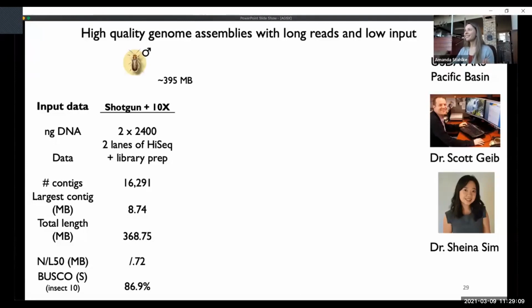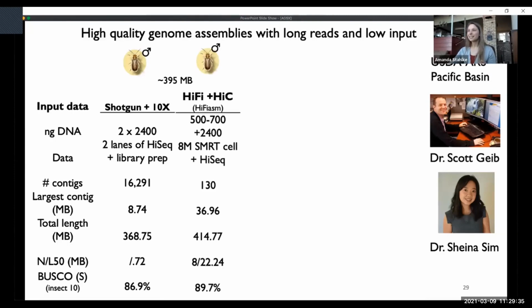And then I saw all of these really amazing high quality assemblies with long reads and low input libraries, some of them produced and presented by the Ag 100 group. And through the magic of a poster session and conference networking, we agreed to collaborate on these Diorhabda species.